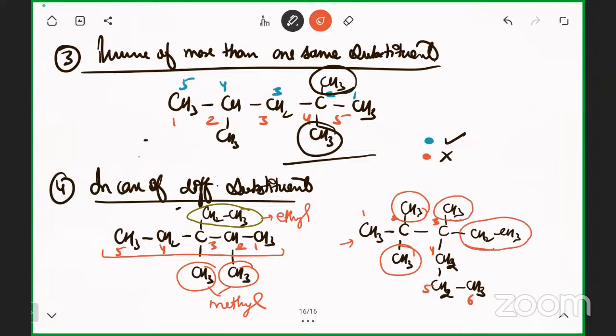These both are coming on the third position. So the numbering should be done from this particular side. So just remember, in case of same substituent, if the number of substituents is more on the same carbon, you will do the numbering from that particular side. But if the substituents are different, then you'll see the substituent which is closer. Okay.